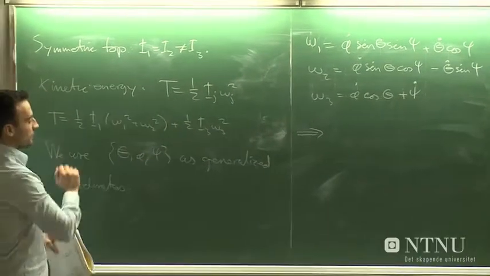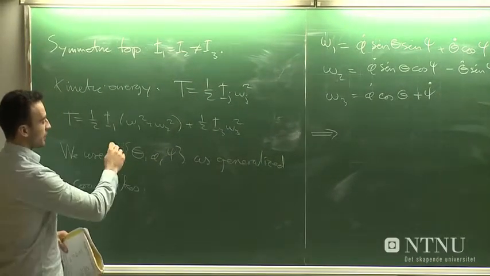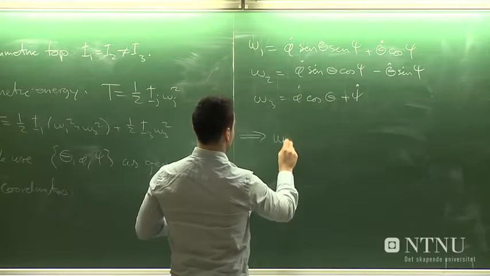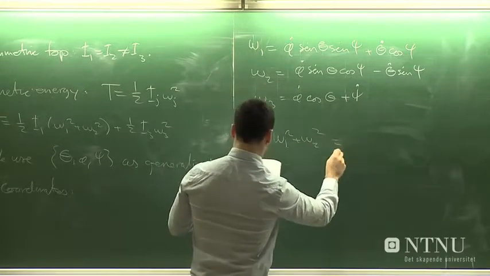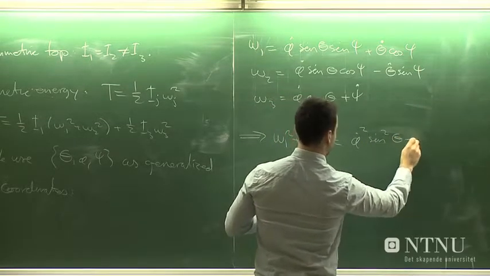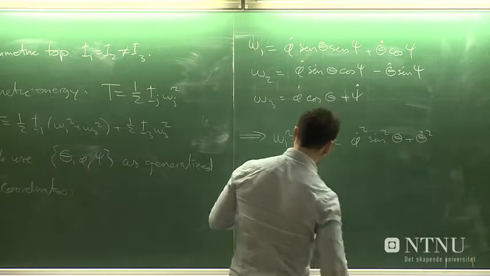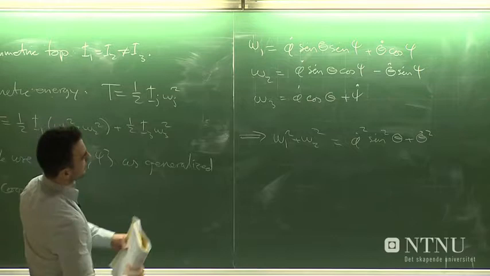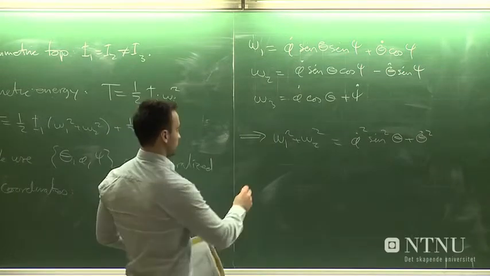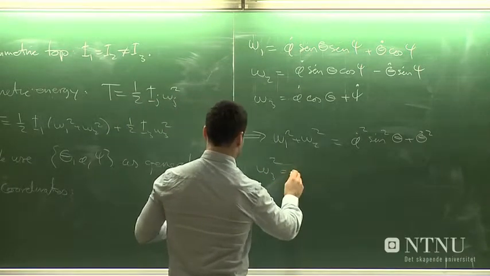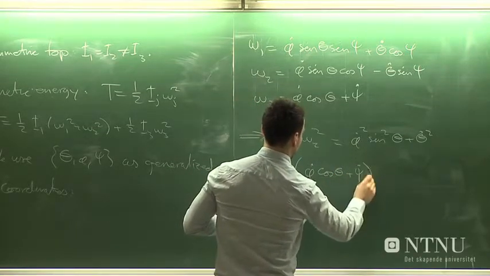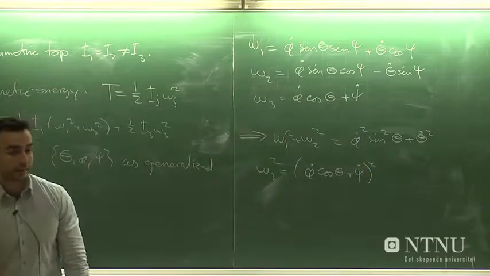So what enters the expression for the kinetic energy is the sum of the squares of omega 1 and omega 2. And using this, we obtain the following, due to some cancellation of terms here. Omega 3, unfortunately, we can't do very much about.